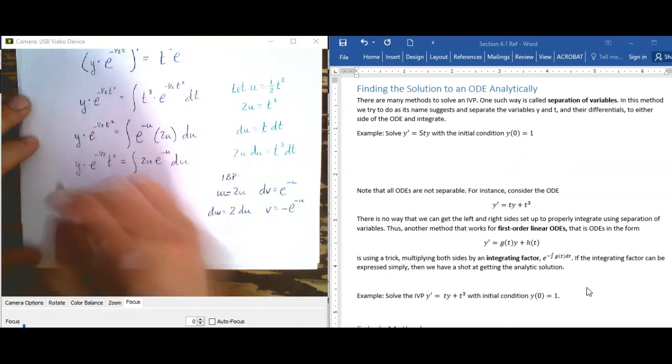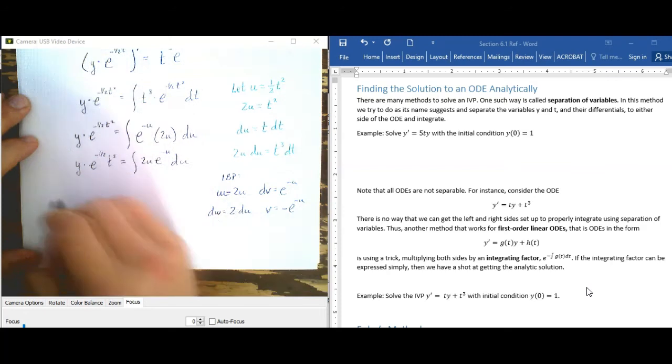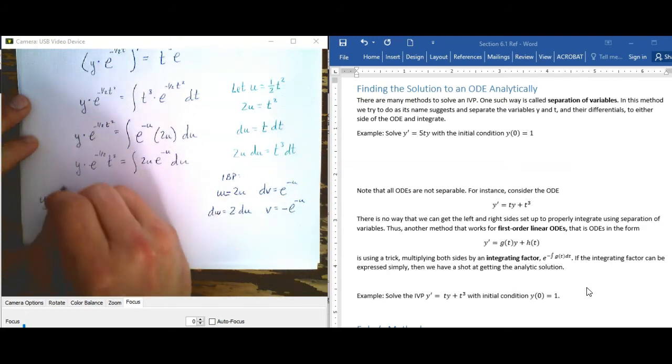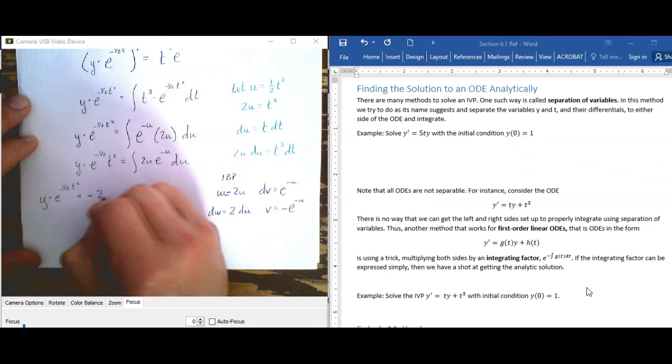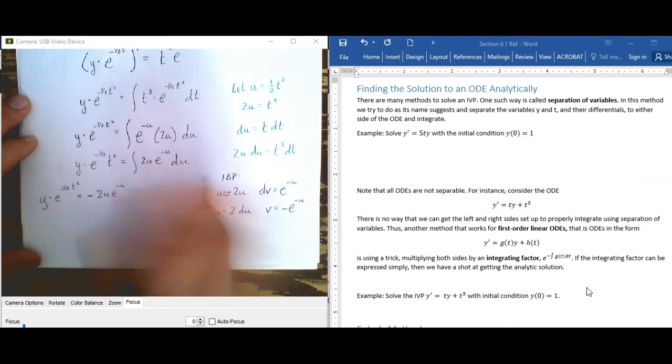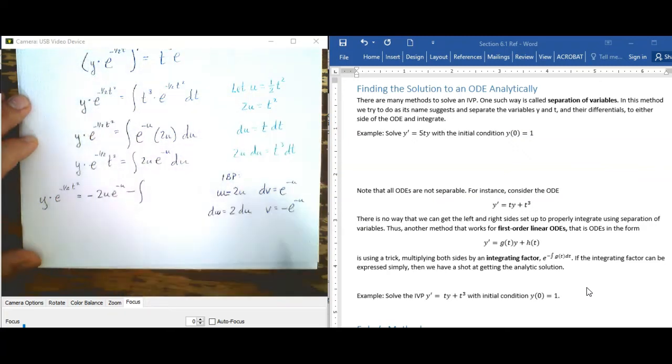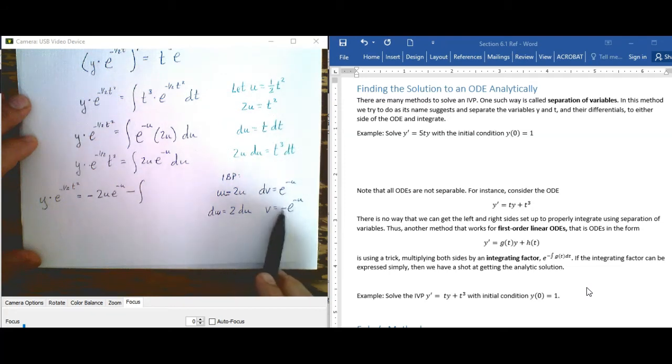So performing the integration by parts, we get y times e to the negative 1/2 t squared equals, remembering integration by parts, 2u times negative e to the negative u, so negative 2u e to the negative u, minus the integral of v dw, so minus negative e to the negative u times 2 du.